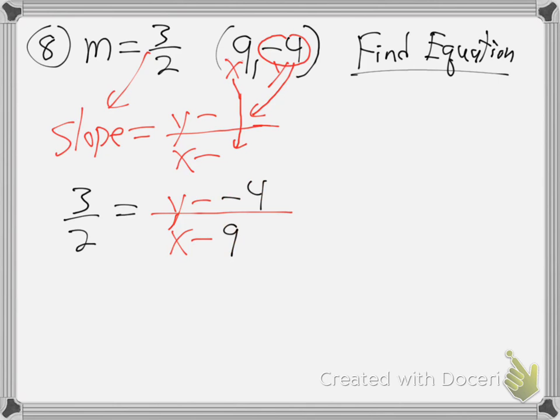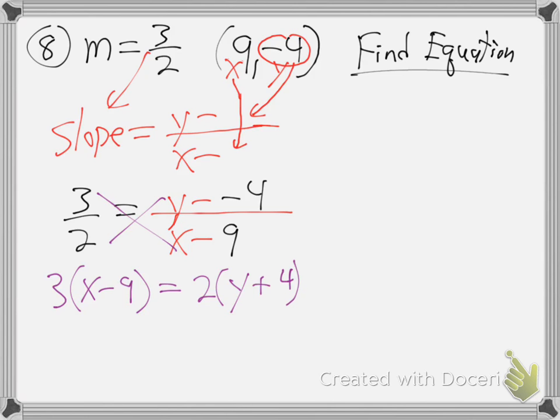See the double negative thing? Be careful there. See how we're going to have double negative? So I'm going to go diagonal, diagonal, cross multiply. So that'll be 3 parenthesis x minus 9, 2 parenthesis y plus 4. The double negative becomes positive there.